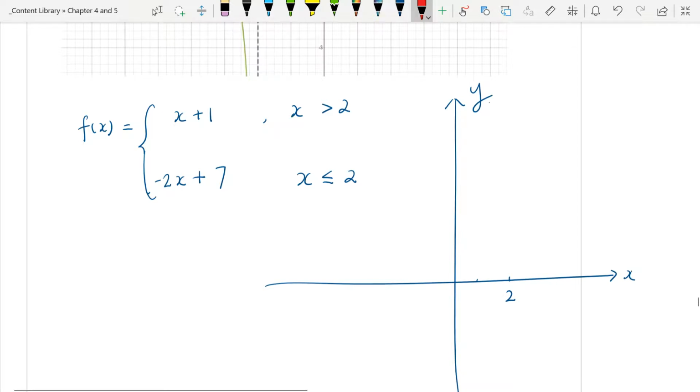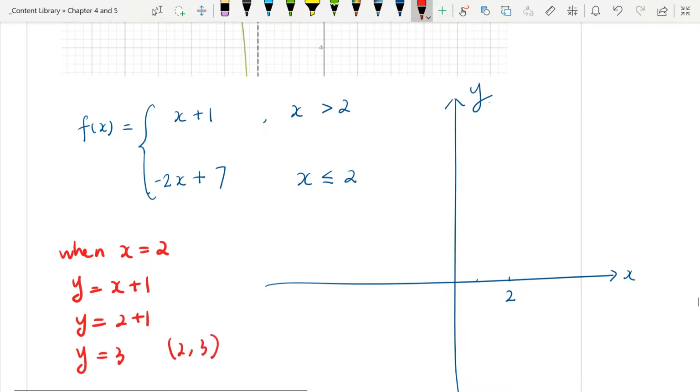So when x equals 2, y equals x plus 1, which is 2 plus 1, so y equals 3. So (2, 3) will be an open circle on the first graph.